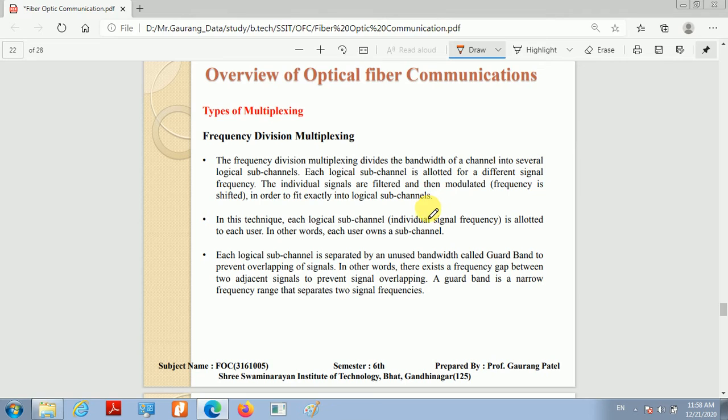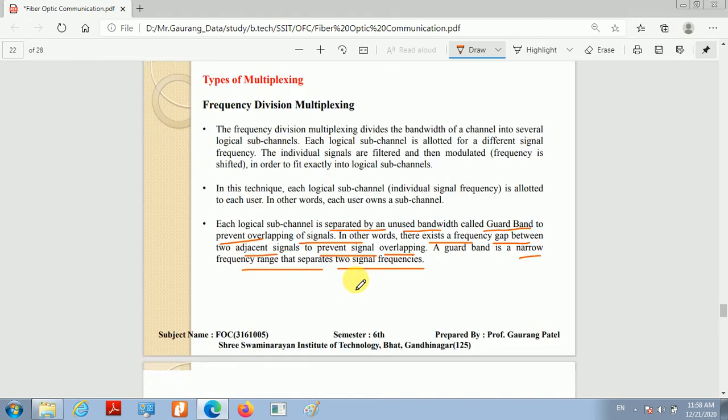Each logical subchannel is separated by unused bandwidth, which is known as a guard band. The guard band is used between two adjacent channels in order to prevent overlapping of the signals. In other words, there exists a frequency gap between two adjacent signals to prevent interference or overlapping. And this guard band is basically a narrow frequency range that separates the two signal frequencies.